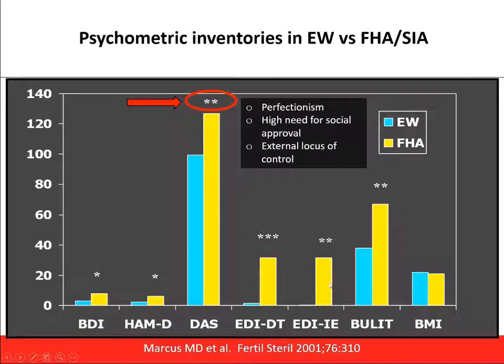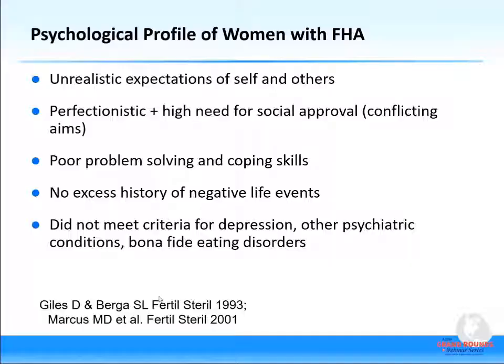But the stressed individuals, the ones with functional hypothalamic amenorrhea and that do have high cortisol levels, actually have food alterations as well in terms of how they want to eat, both in terms of under eating and eating too much. And they don't feel in control. That's what ineffectiveness shows. But they're not strictly depressed. This is the Hamilton D and the Beck depression inventory. So while these are a little bit higher, they do not meet criteria for depression.